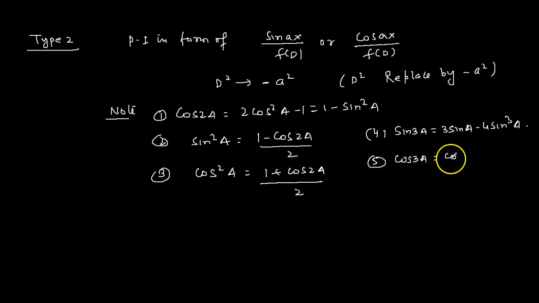Cos 3a is equal to 4 cos cube a minus 3 cos a. Or cos a into cos b is equal to half of cos of a plus b plus cos of a minus b.